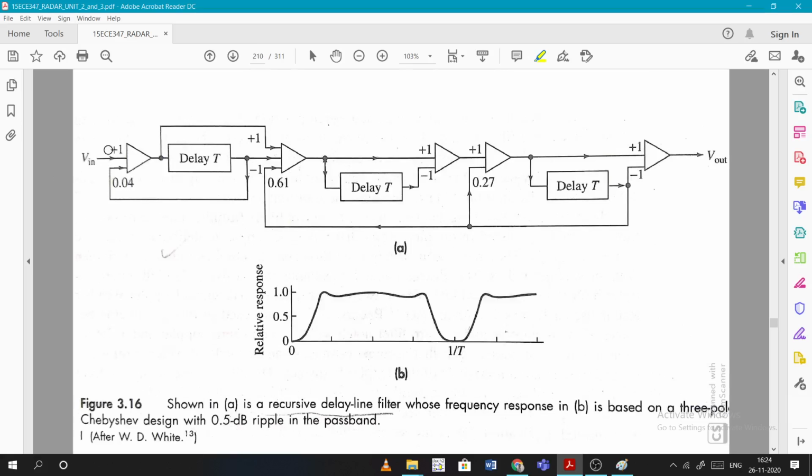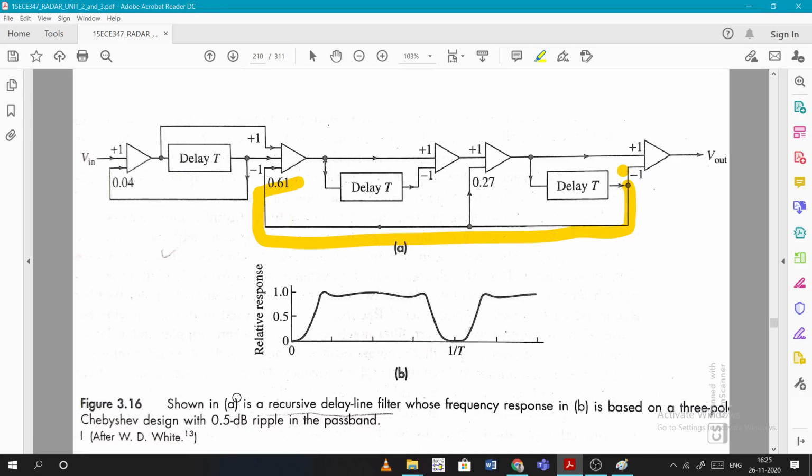When an input is given to this, it is traveling, and it is first taking the feedback here, and they will be compared and the result will be sent here, and again it will take the feedback from this. This is feed forward only, so see clearly. These are the feedback lines. This is a feedback line here.